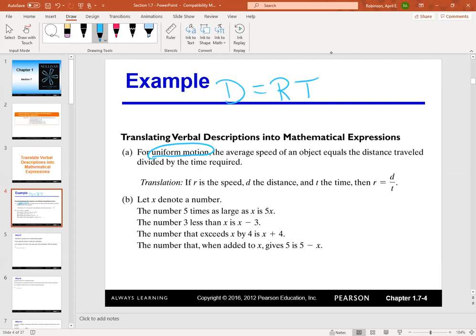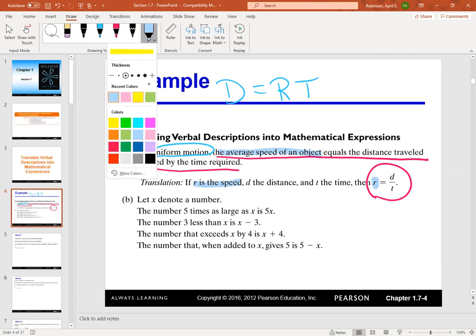So if little r is the speed and little d is the distance and t is the time, this right here would translate into r equals d divided by t. The average speed of the object, they told me to use little r is the speed.